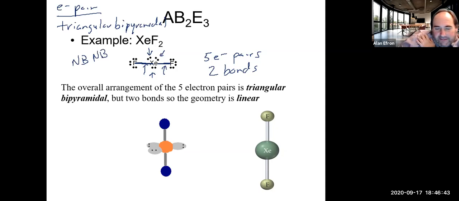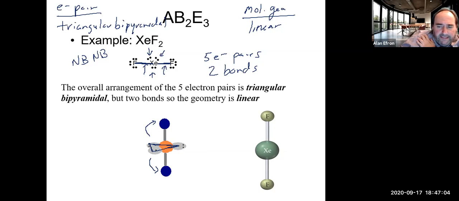They almost make this kind of triangle shape as they escape each other. And what that ends up doing is making our bonded atoms really go to opposite ends. And the geometry of this guy ends up being linear. So the molecular geometry here ends up being linear.